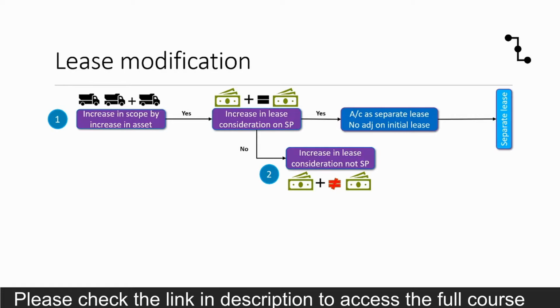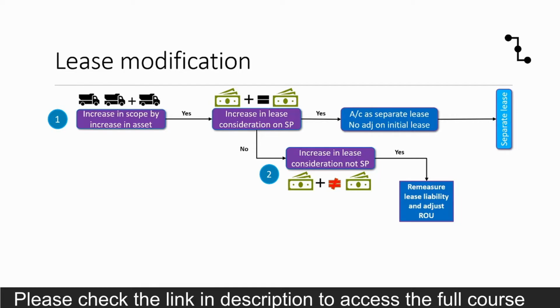So in this case, the standard says that this modification won't be treated as a separate lease and we need to remeasure the existing lease liability and ROU on the effective date of the modification. And for this, we will use the discount rate which is effective on the date of modification.